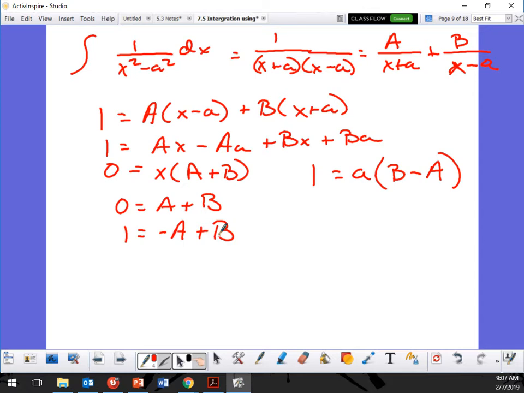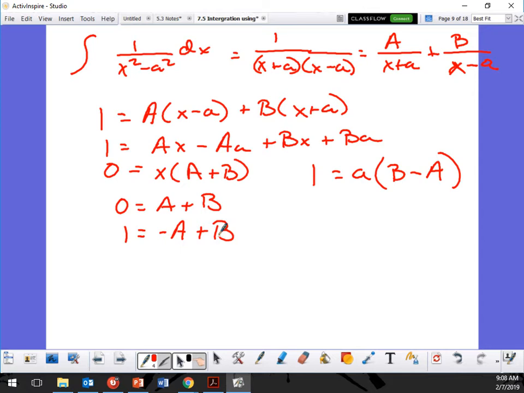What method am I going to use to actually solve for one of my variables? It's either substitution or elimination. Elimination, right? Substitution means A equals this, and then plug it into the other equation. Elimination is what we did yesterday, where we just cancel out.